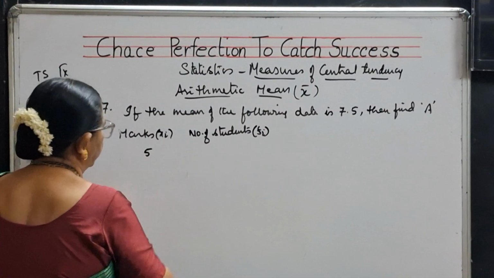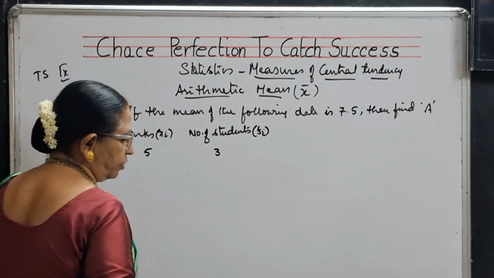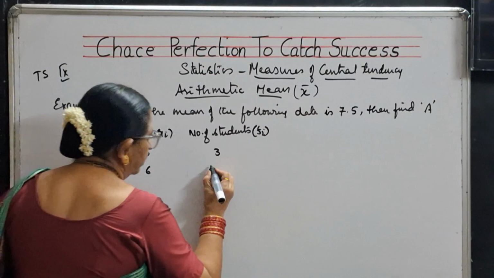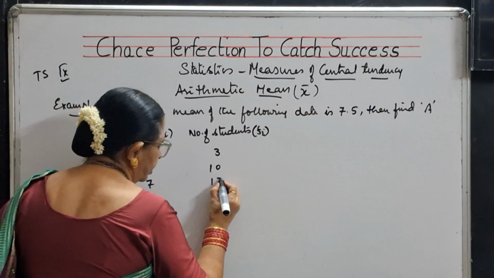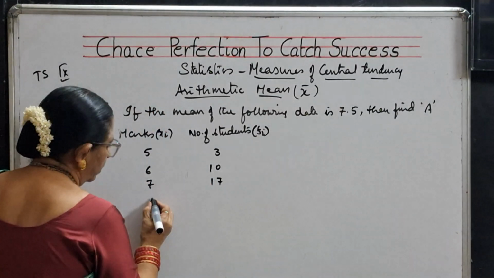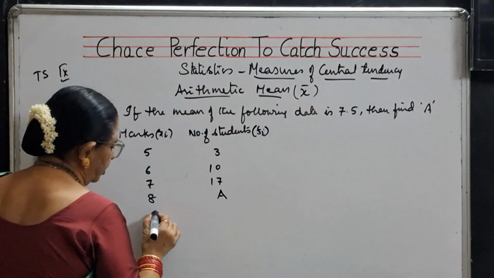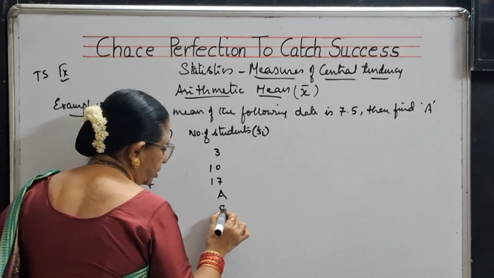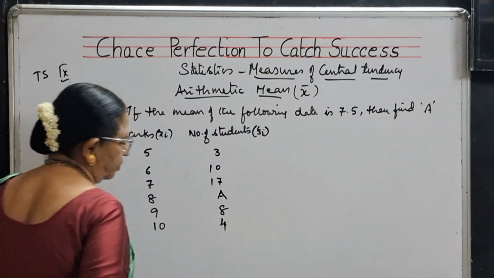If marks are 5, the number of students is 3. 3 students got 5 marks. 6 marks are obtained by 10 students. 7 marks are obtained by 17 students. 8 marks are obtained by A students, they have not given the number. 9 marks are obtained by 8 students. 10 marks are obtained by 4 students.